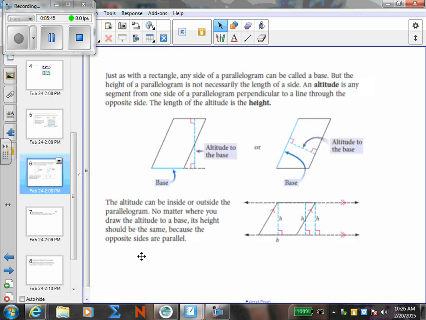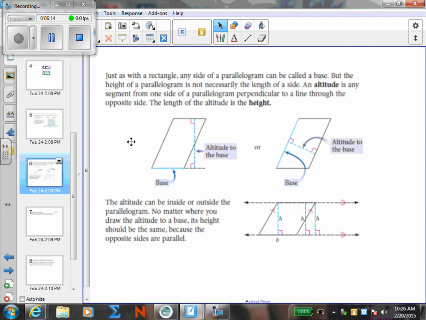Okay, another shape we're going to talk about is the parallelogram, which we've already learned lots of things about. We know it is just a rectangle that is tilted. Both pairs of opposite sides are parallel. Just as with a rectangle, any side of a parallelogram can be called a base. But the height of the parallelogram is not necessarily the length of a side of the shape.